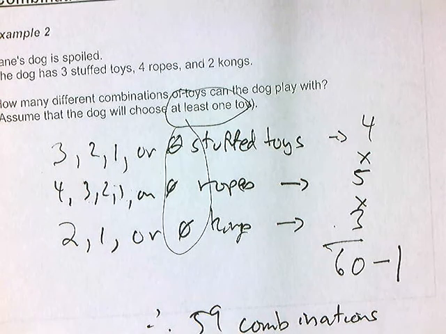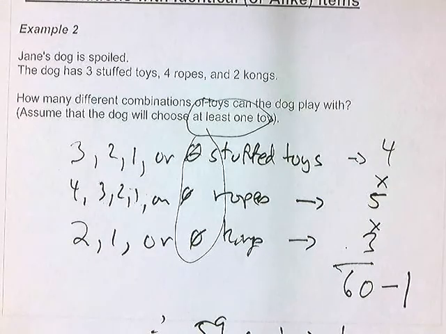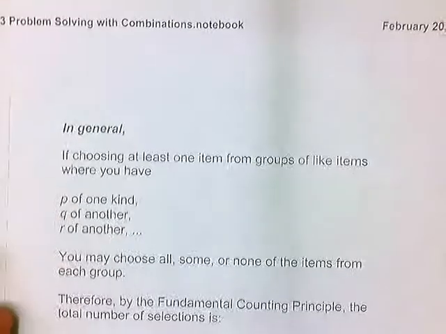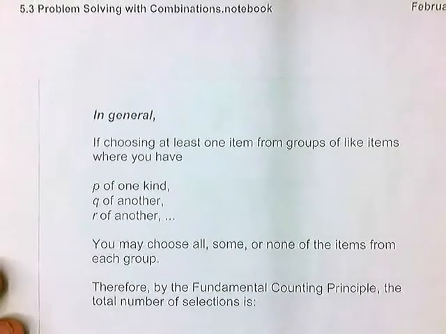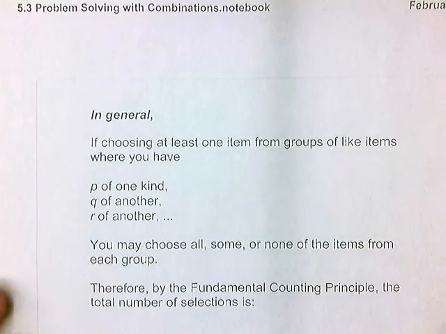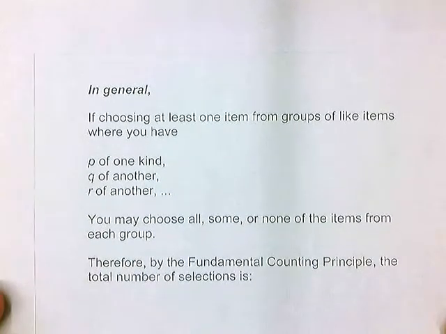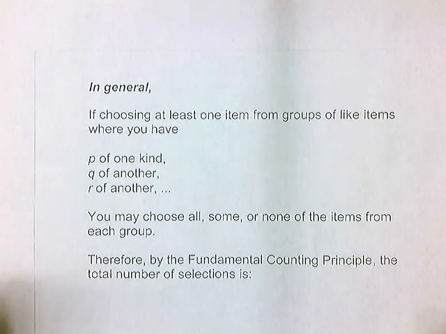And as you can imagine, there's a general equation that we'll use for this. So in general, if choosing at least one item from groups of like items where you have P of one kind, Q of another, R of another, etc., you may choose all or some or none of the items from each group.